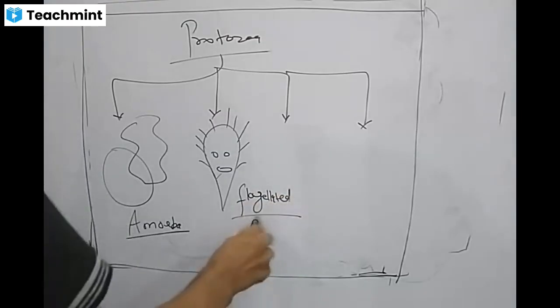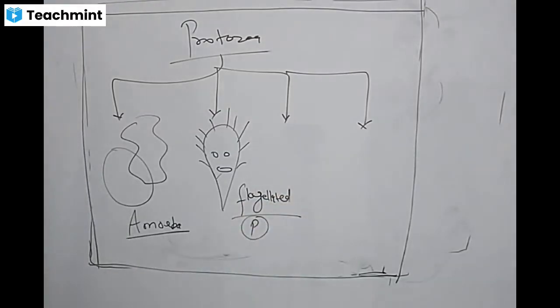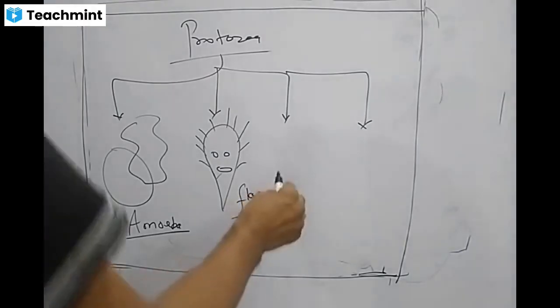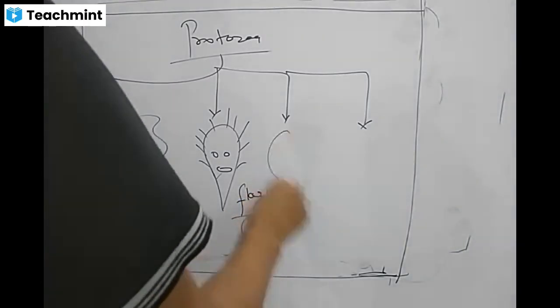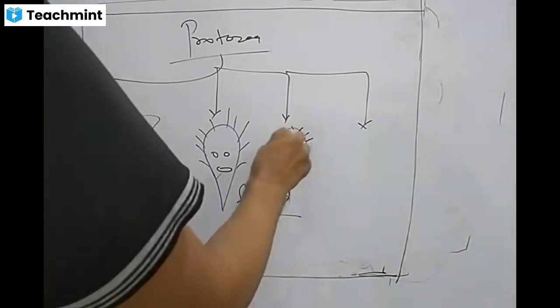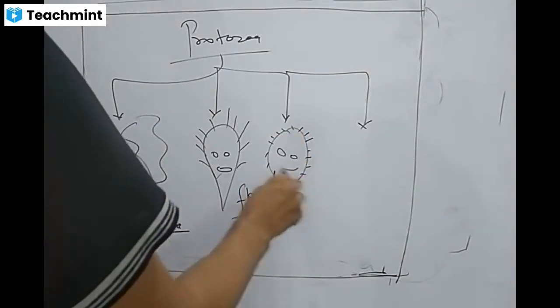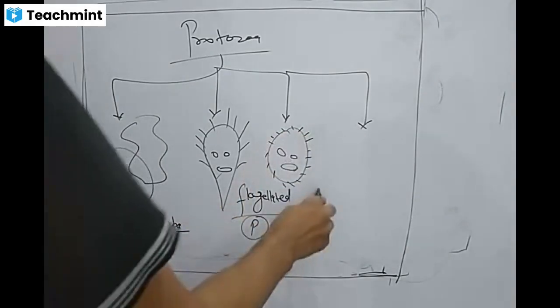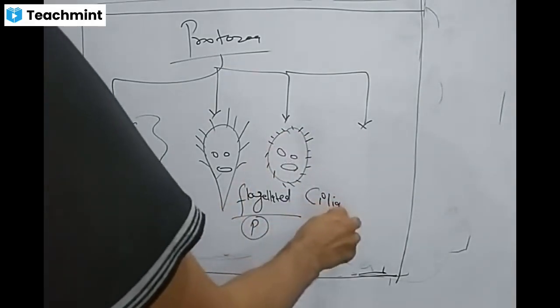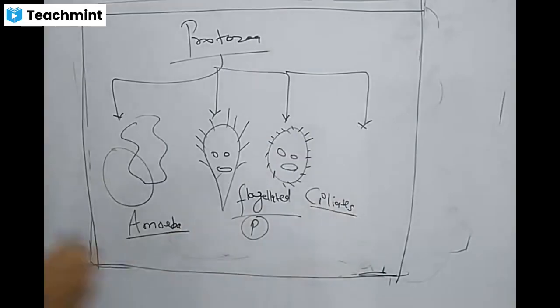These are your flagellated protozoa. Then one more category, that is very small hair-like projections. These are your ciliates.